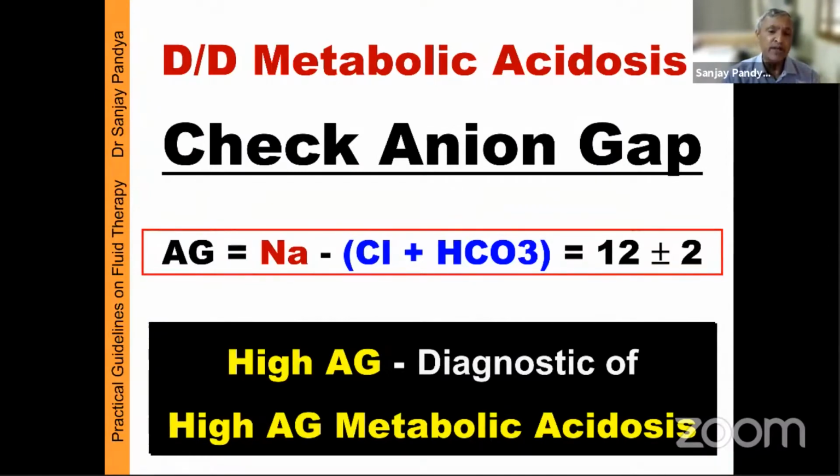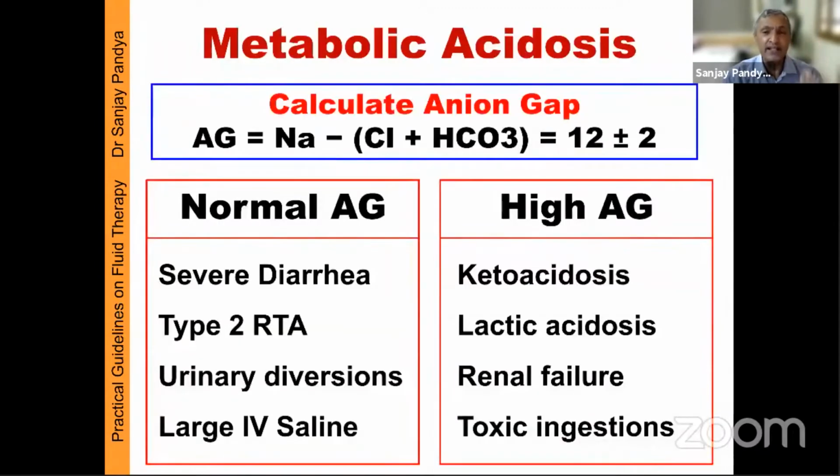Now, when we look at metabolic acidosis, always check the anion gap. Anion gap is sodium minus the total of chloride plus bicarbonate, and its normal value is 12 plus or minus 2. If the anion gap is high, we can say that the metabolic acidosis is of high anion gap. So on the basis of anion gap, metabolic acidosis is divided into two parts: normal anion gap and high anion gap. Causes of normal anion gap metabolic acidosis are severe diarrhea and renal tubular acidosis.